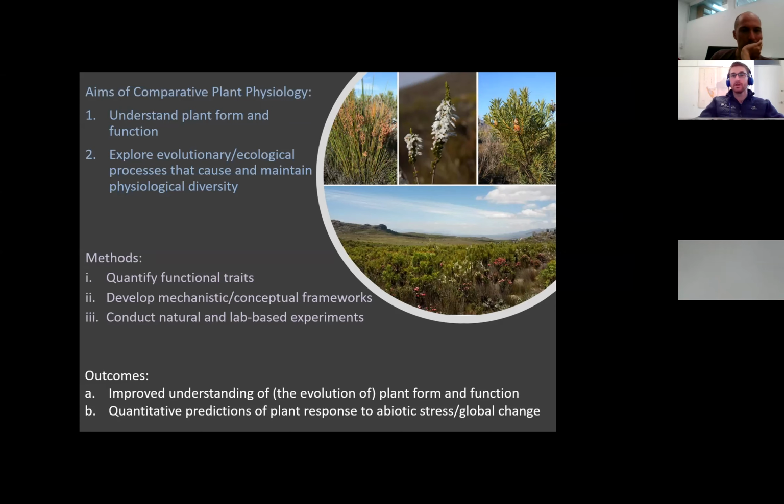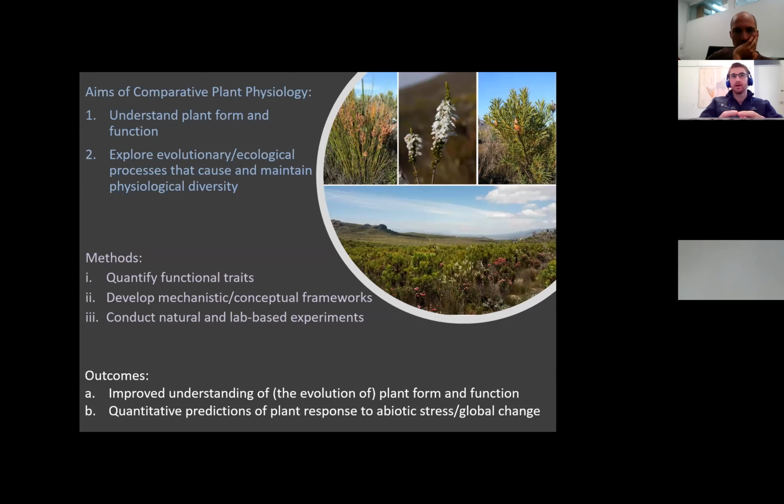Testing hypotheses in this field is fairly complicated. What it requires is identifying functional traits, developing mechanistic or conceptual frameworks of how plants respond to abiotic stress, and in particular, I research drought tolerance. And then it involves testing these hypotheses using natural and lab-based experiments.